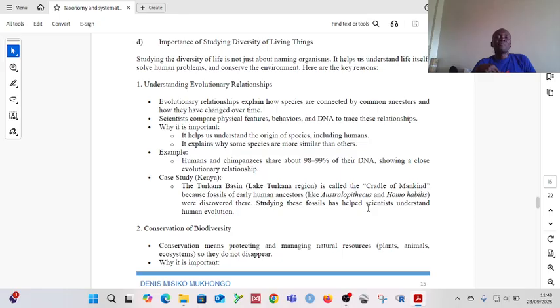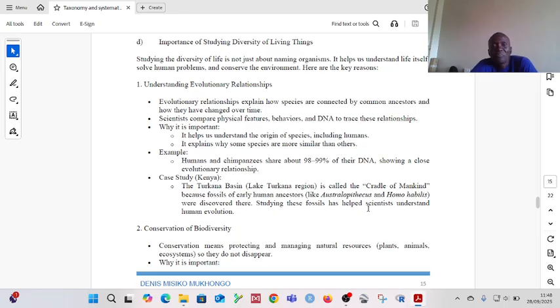So, by studying the diversity, the differences among living things, we end up understanding the evolutionary relationships. When you look at what is different between one organism and another, it helps you to understand how connected each of those organisms is.